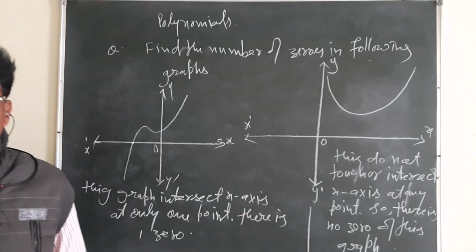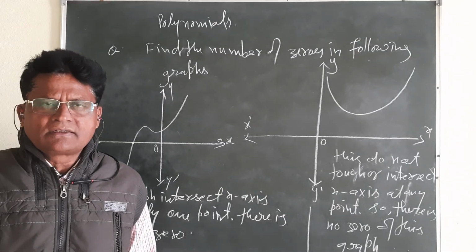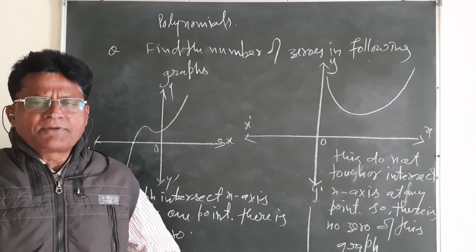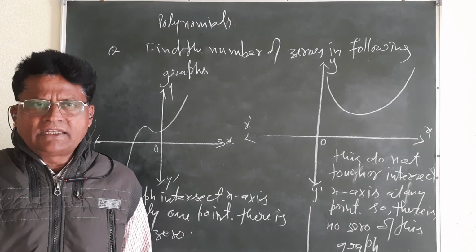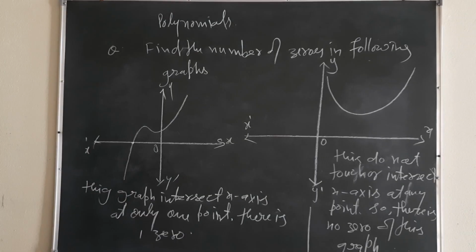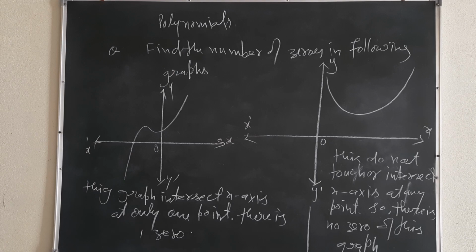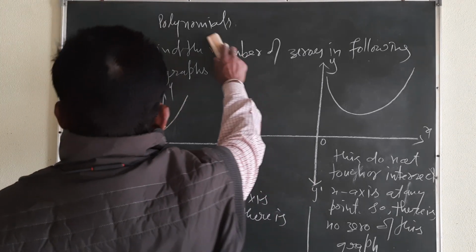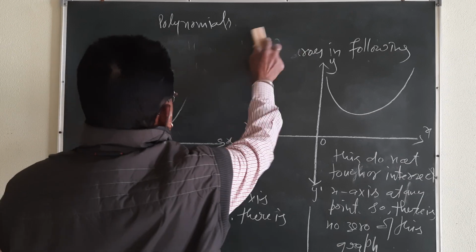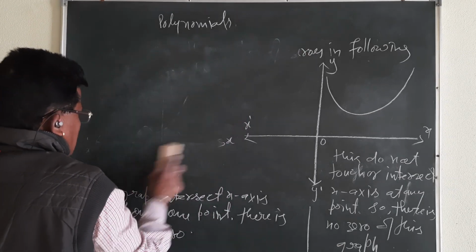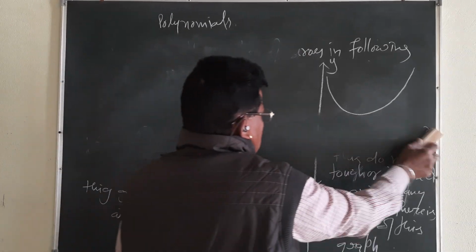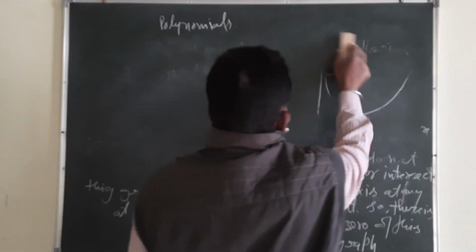I will discuss some more important things related with the different types of polynomials. Let me take first the questions related with the quadratic polynomial. Several times this question is asked in the examination.